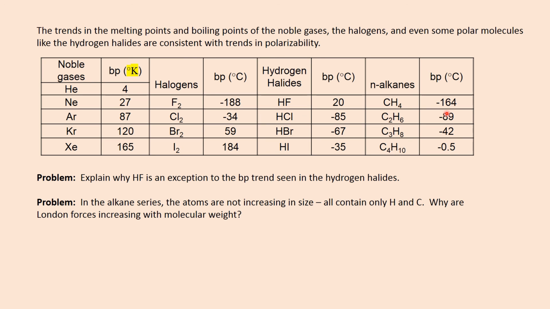So what would that be as we go from butane to propane to ethane to methane? Well, it's got to be simply size. So the greater the surface area, the larger the molecule, then the greater will be the force of attraction, the London dispersion forces. Smaller molecules, all else being equal, have less surface area and will hold together less.